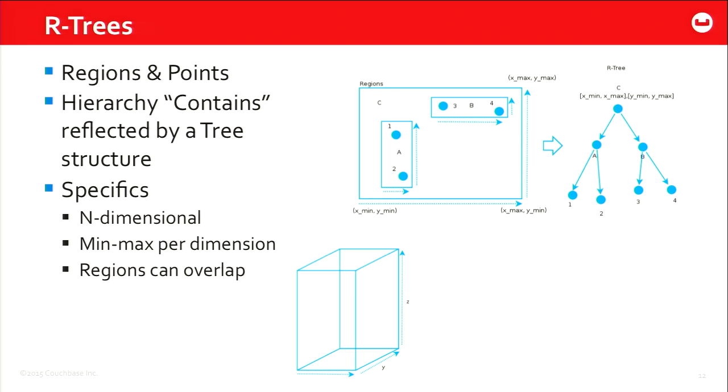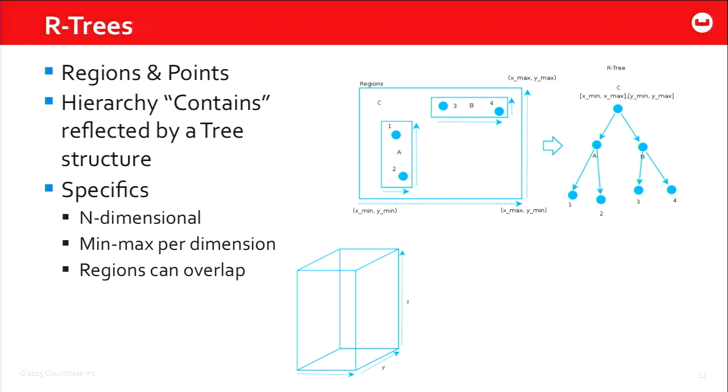In this case, we are storing the edges. So x min to x max is the first edge of our region, and the next one, y min to y max, is the other edge of our region. A is expressed exactly like this.